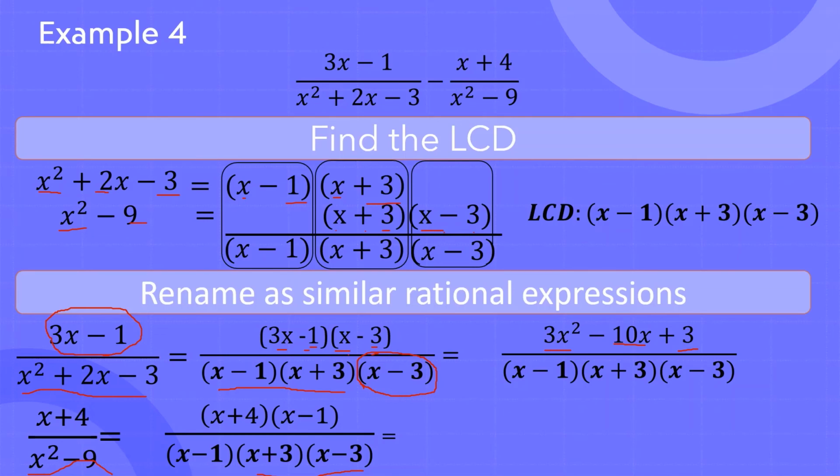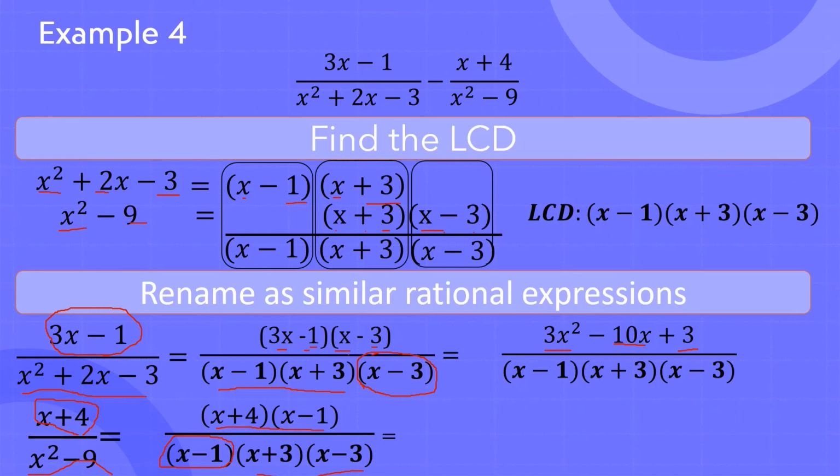So, when we divide the LCD by the denominator, so ang magiging result doon ay yung x minus 1. At yun, ang imumultiply natin sa x plus 4. Kaya meron tayong x plus 4 times x minus 1.